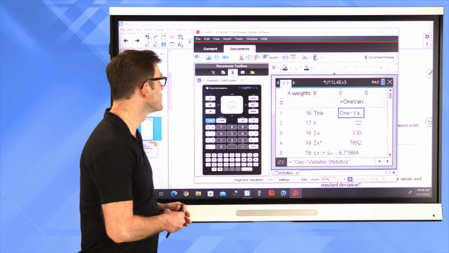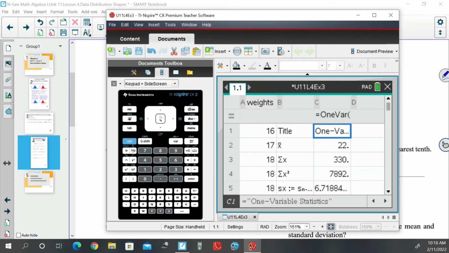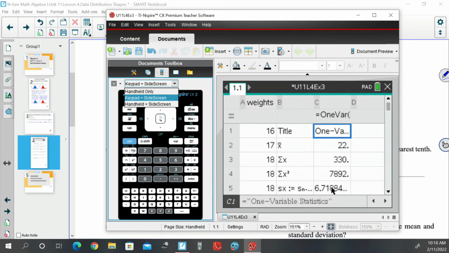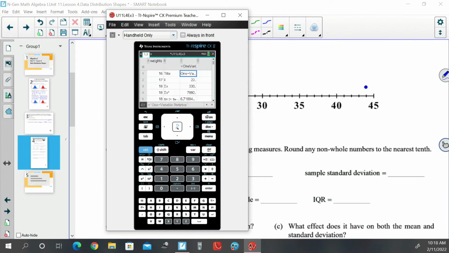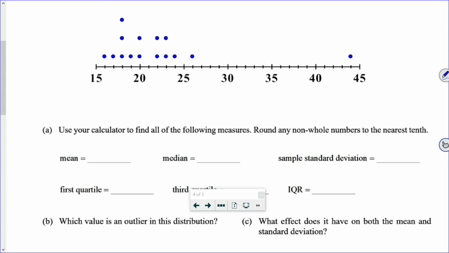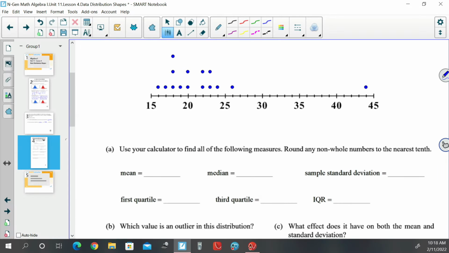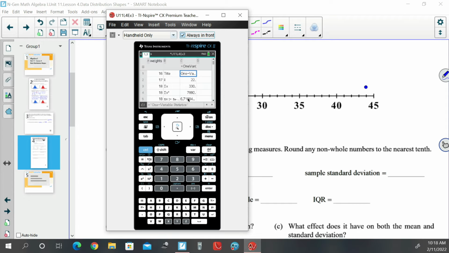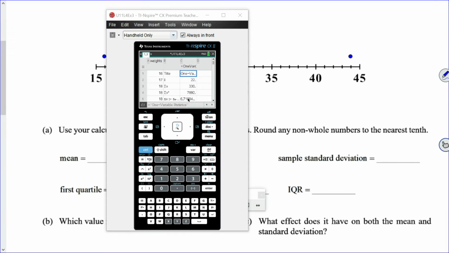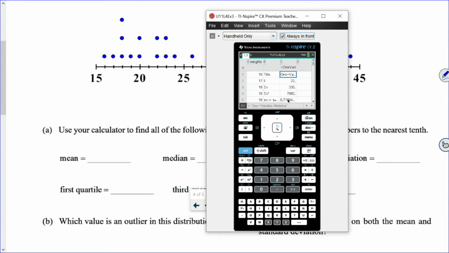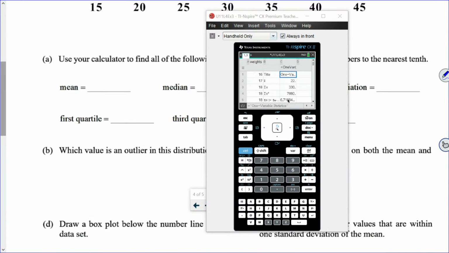In order to write it all down, I need to put it on my handheld only. Let me move this thing up. My mean is 22. Let me just move on down.